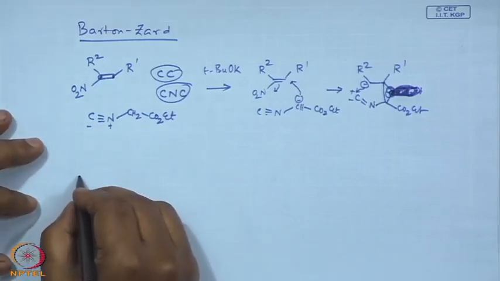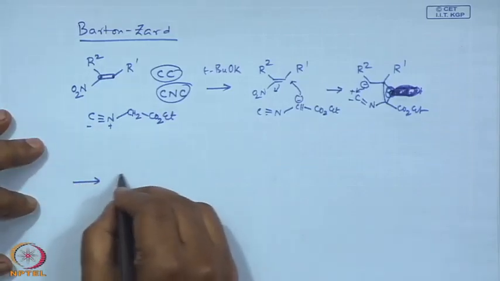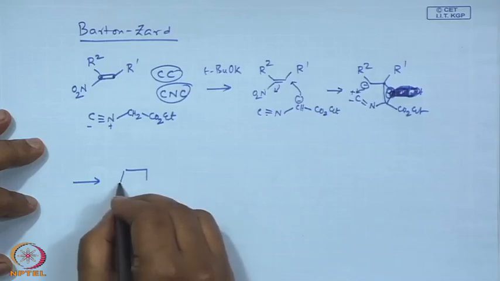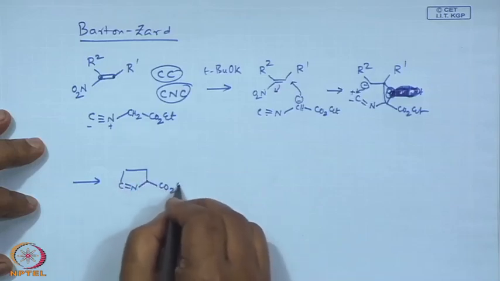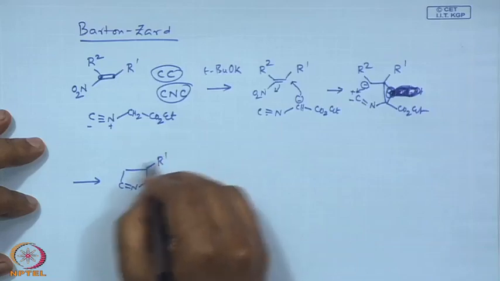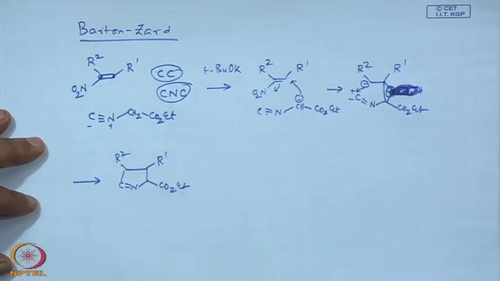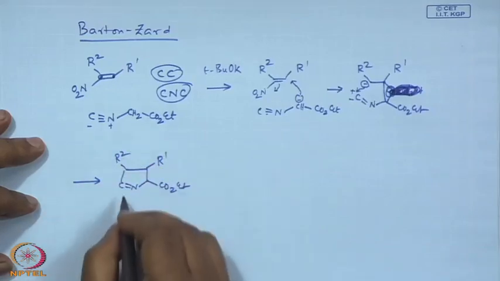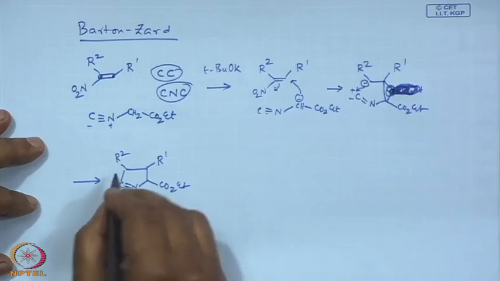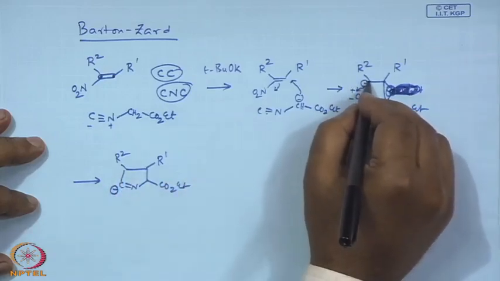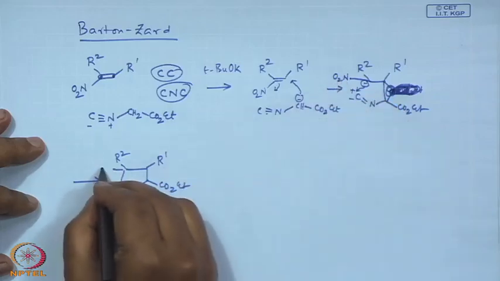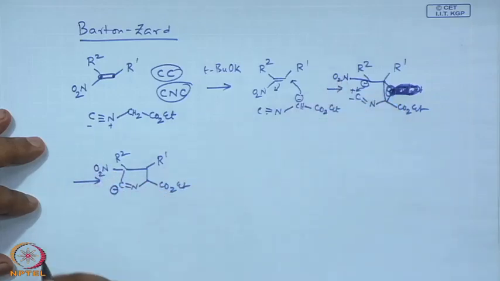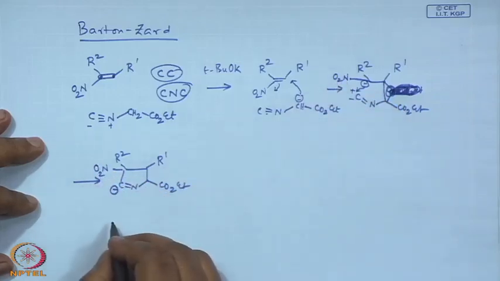Okay. Then what? So, now we have a 5 membered ring, C double bond N, this is the ester here, R1, R2, right. Now, the negative charge is here, and here also you have a nitro group. What next can you think of?